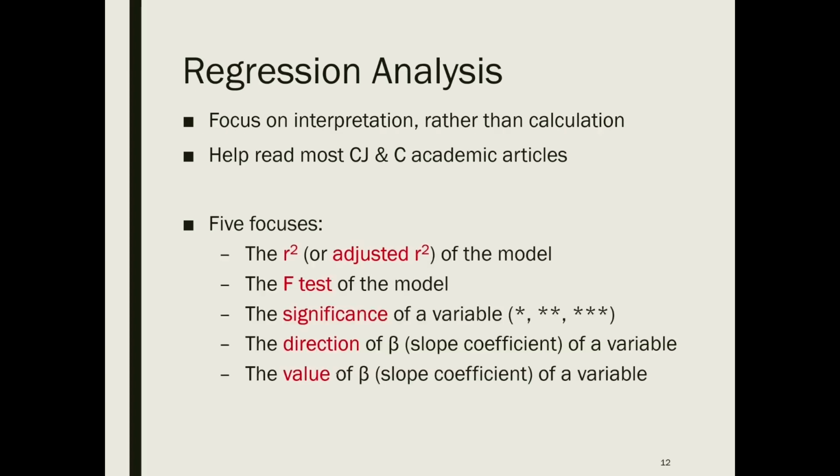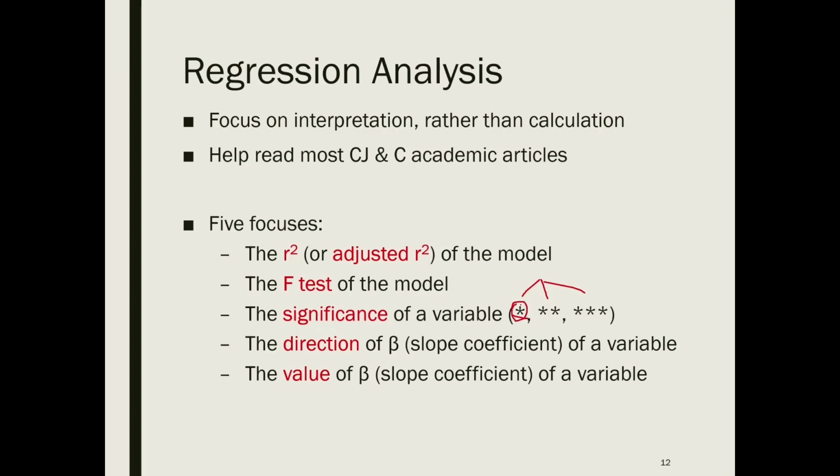Okay, so in the regression analysis, the first thing to focus on is the R square or adjusted R square of the model. The second will be the F test of the model. The third, fourth, and fifth will be related to the individual variables, the significance of the variables. Now, typically in data analysis software, they use little stars to represent the significance level.